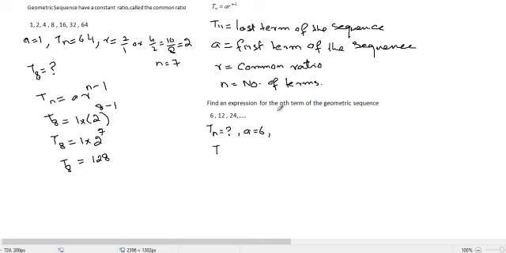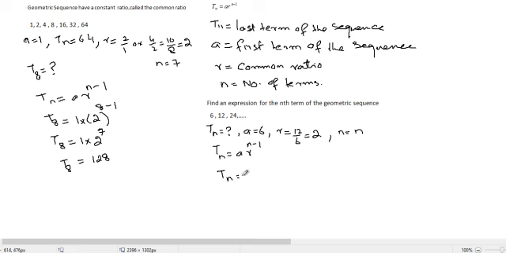In a geometric sequence we don't have d, we have r, the common ratio. r equals 12 divided by 6, which is equal to 2, and n is equal to n because we are asked to find the nth term. So Tn equals ar raised to power n minus 1.